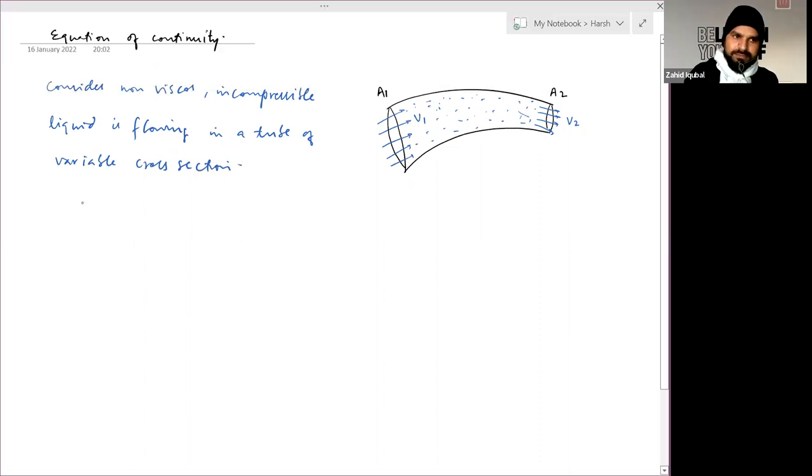So first, the mass of liquid entering per unit time.